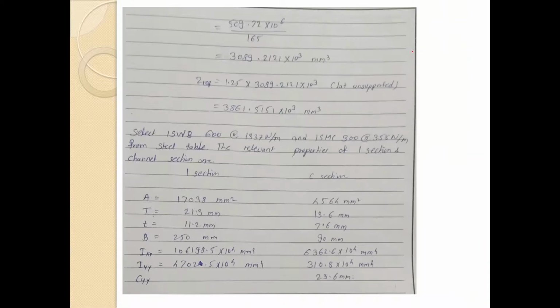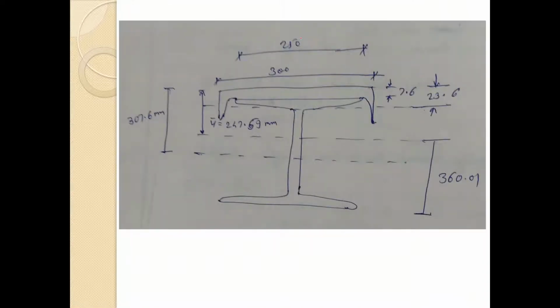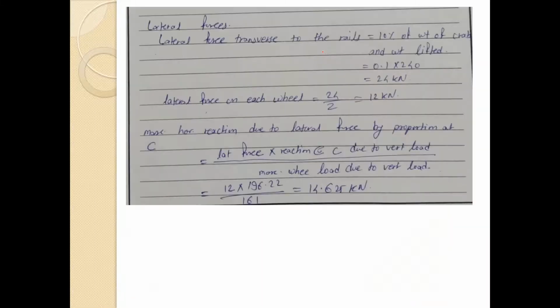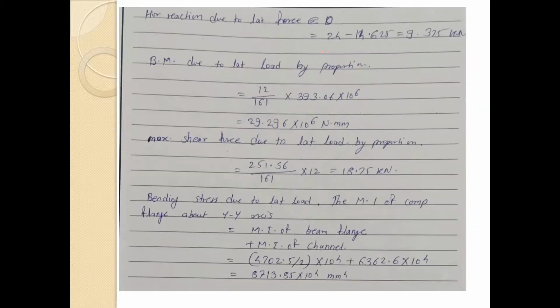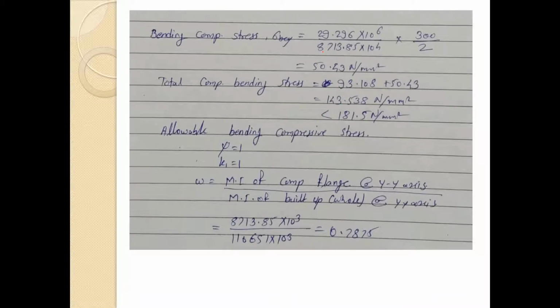Why 300 by 2? Because we are taking the bending about this axis, that is the YY axis. So that is 300 depth divided by 2, so that becomes 5143.